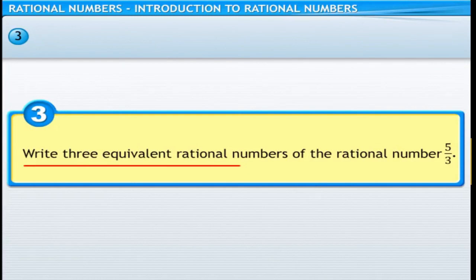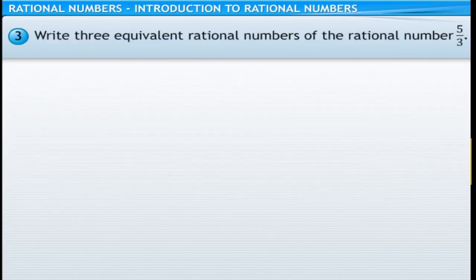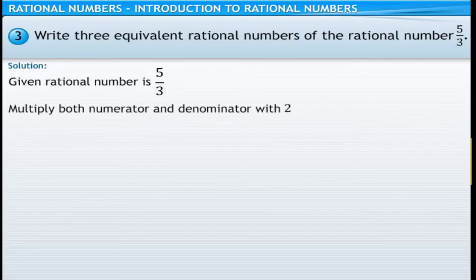Write 3 equivalent rational numbers of the rational number 5 upon 3. Consider the given rational number 5 upon 3.